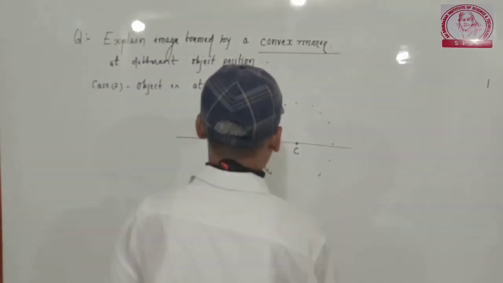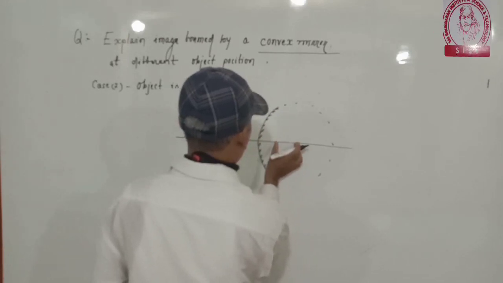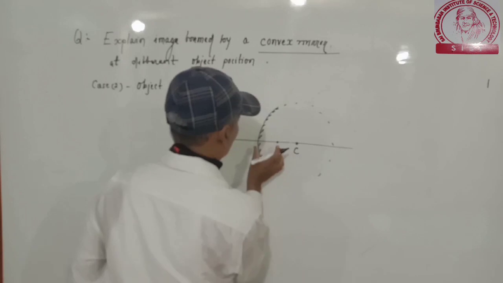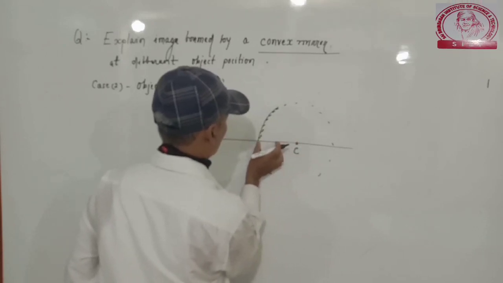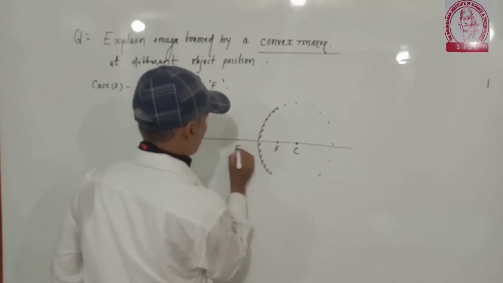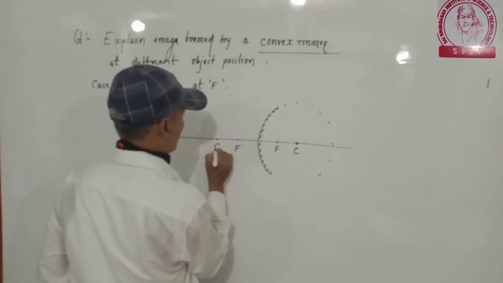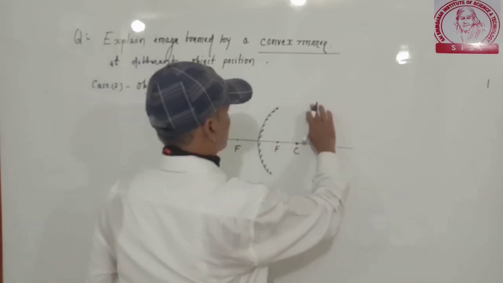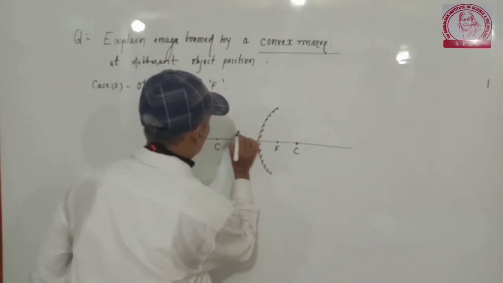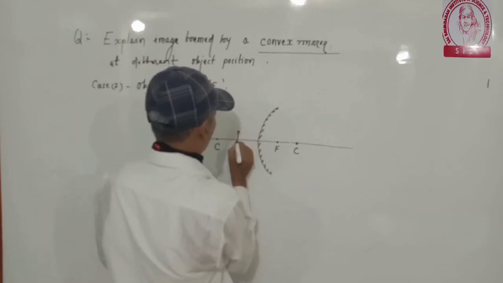This is C. Now this is A. F. This is C. Alright. Okay. Keep the object here. Draw two lines.